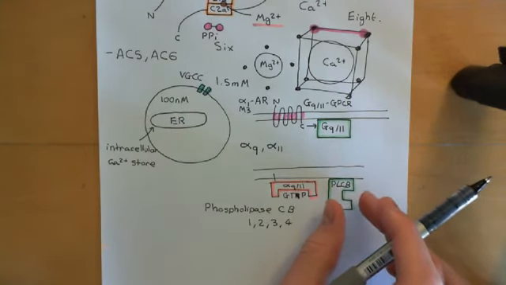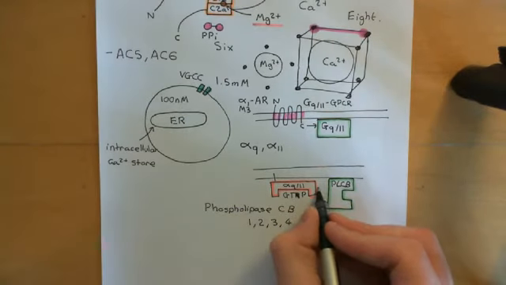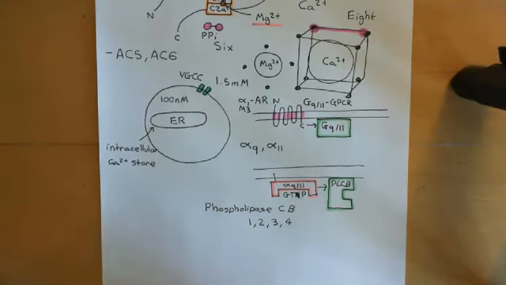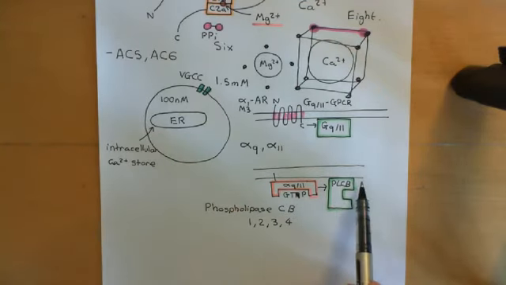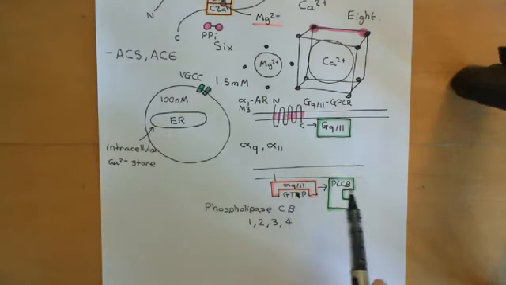It just relocates it. Now the alpha q/11 subunits with GTP bound can then activate the phospholipase C beta enzymes which are currently attached to the underside of the plasma membrane. So when phospholipase C beta enzymes are attached to the underside of the phospholipid bilayer, they can then be activated by on-state alpha q/11 proteins.